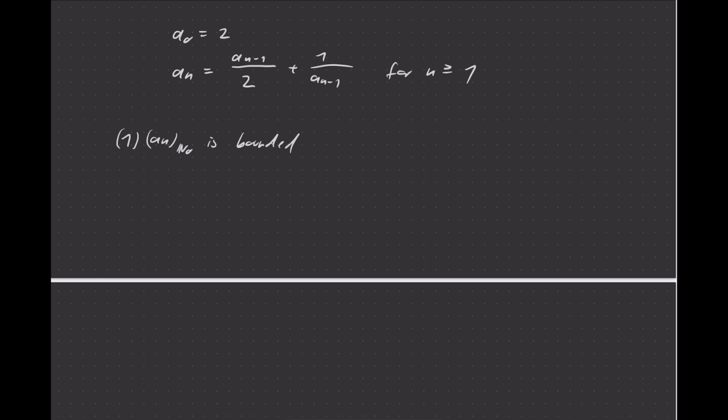So let's first have a look at a_n squared. We square the sequence. We'll see in a minute why that makes it easier. So what happens if we do this? Well, we have (1/2 a_{n-1} + 1/a_{n-1}) squared.